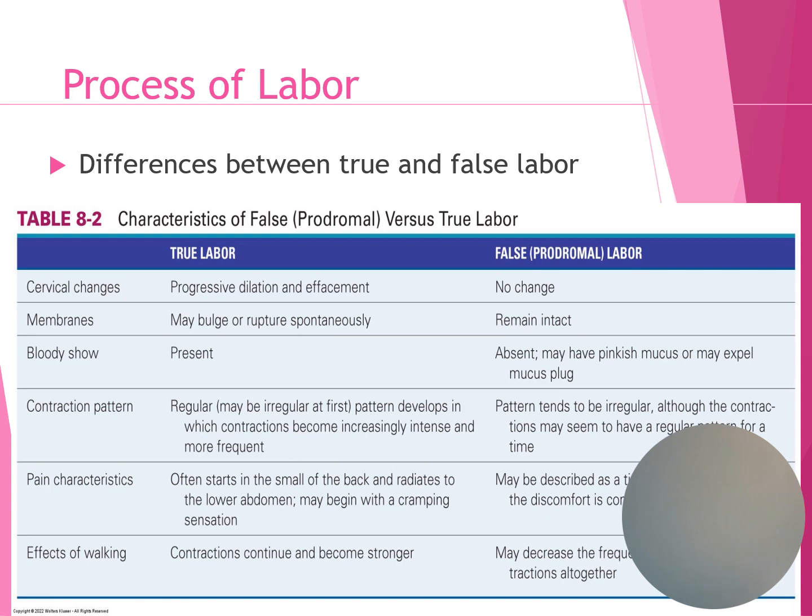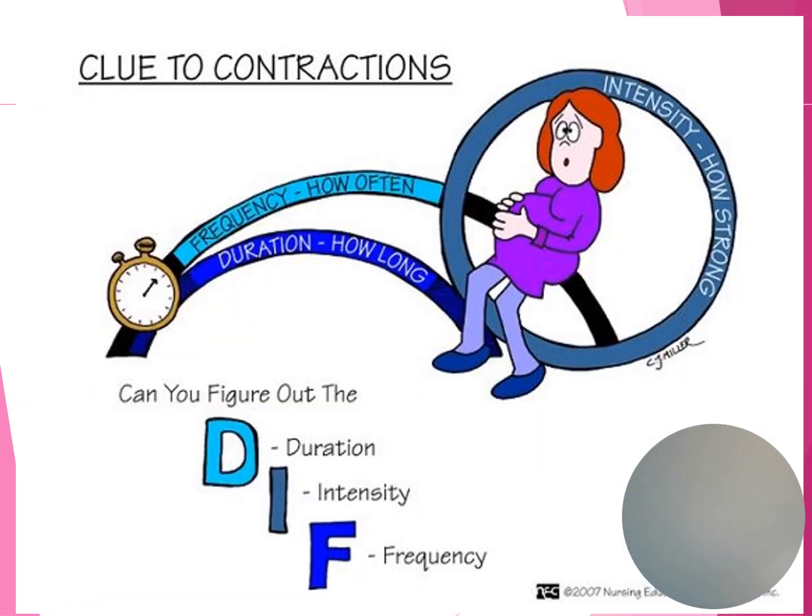Well, ignore that. I can't remember the third one. I'm so sorry, but I will give that to you in class, I promise. So again, figuring out contractions, we need to know the duration, the intensity, and the frequency. If mom calls saying, I'm having contractions, these are questions you need to ask.